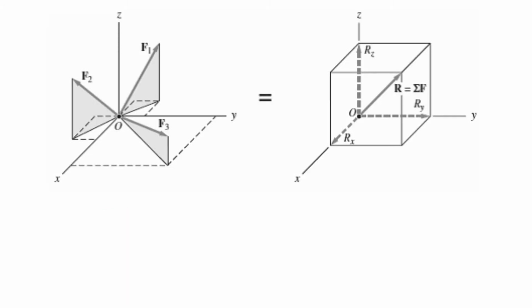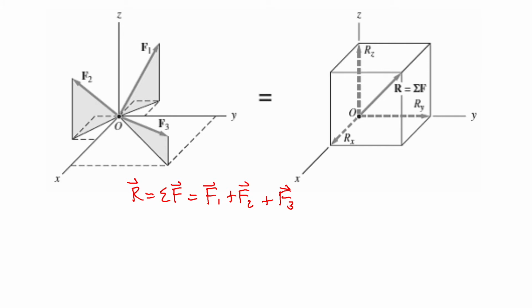Now, for example, take a system of three vectors, F1, F2, and F3, and all of these vectors have their own three-dimensional components. We can say that the resultant vector R is equal to the summation of the three forces, which is F1 plus F2 plus F3. Notice that I use symbols with arrows at the top to indicate that this resultant force is calculated by getting the vector sum of these three forces.